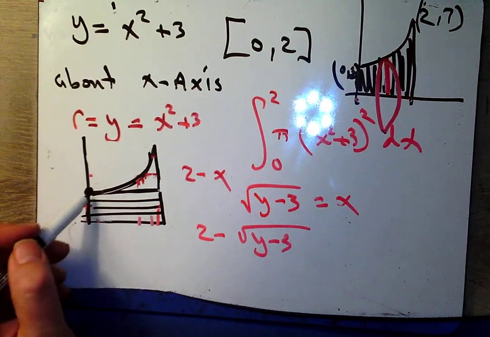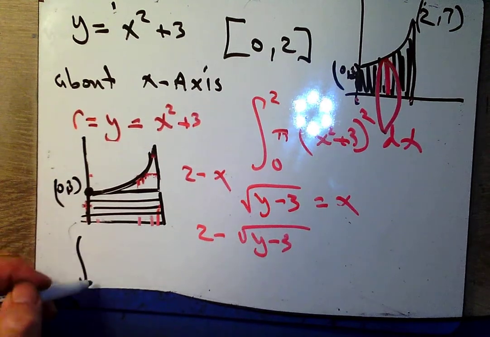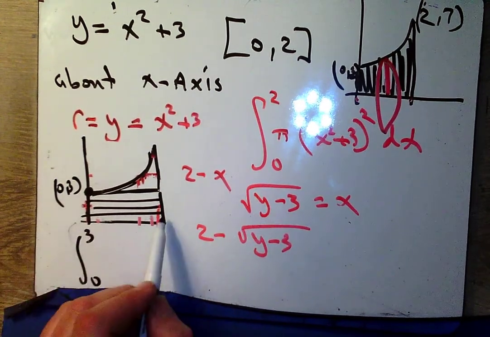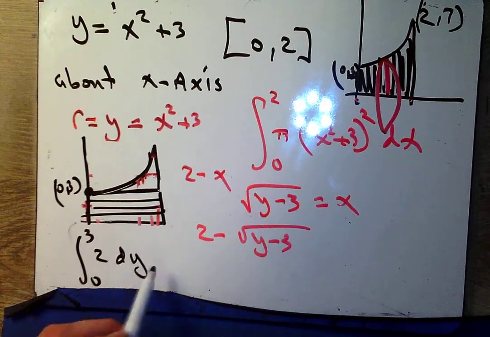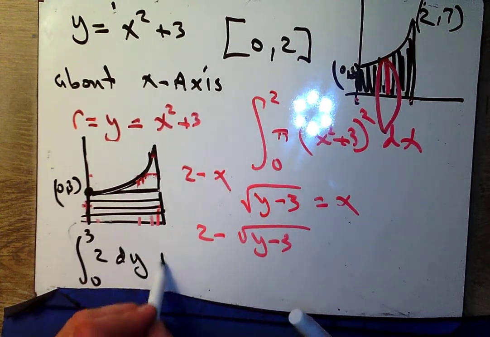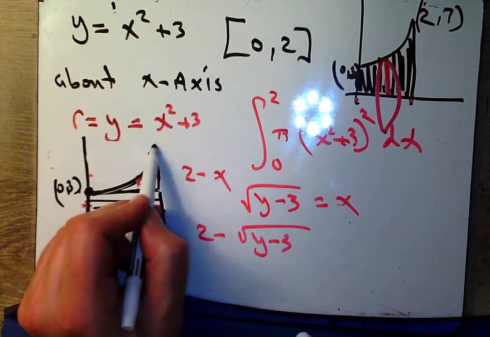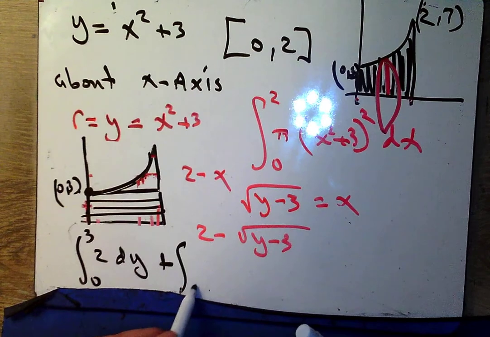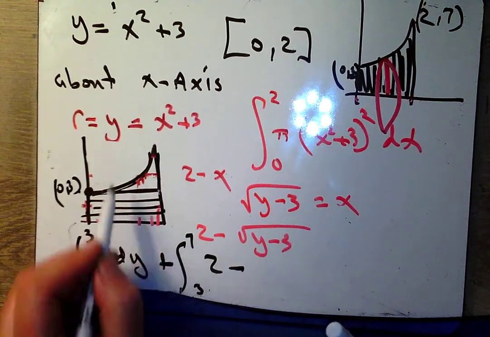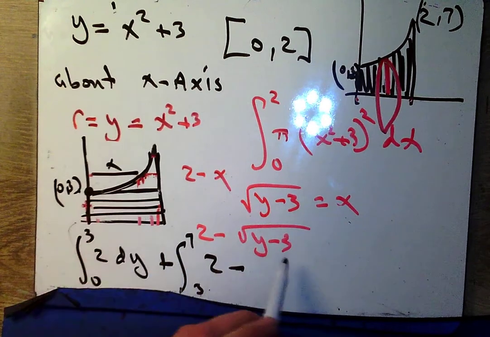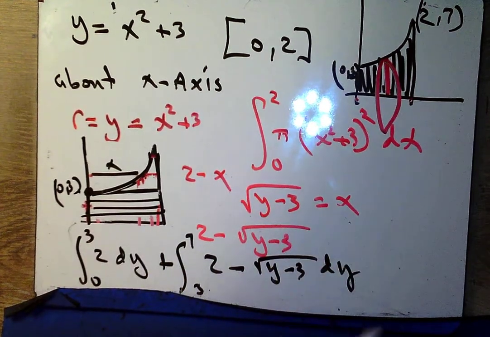So we know that this is a y value of 3. And so I would have to integrate 0 to 3, this minus this, 2 dy. And I'd have to add that to, from this y value to this y value, 3 to 7 of this minus x, which we said was the square root of y minus 3 dy.